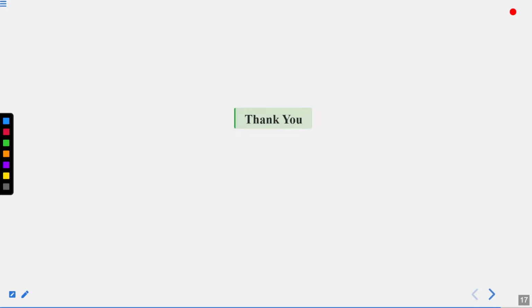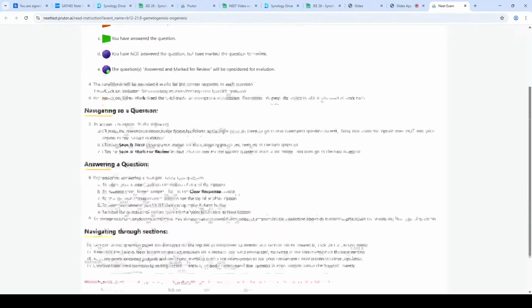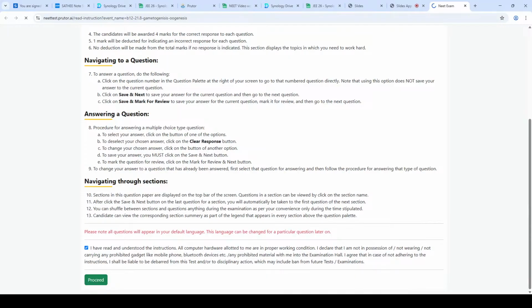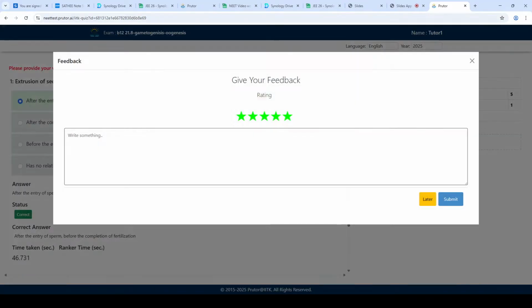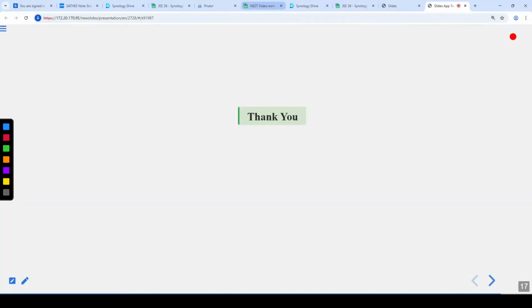Now we'll start with the DPP related to this topic. Open the DPP now.